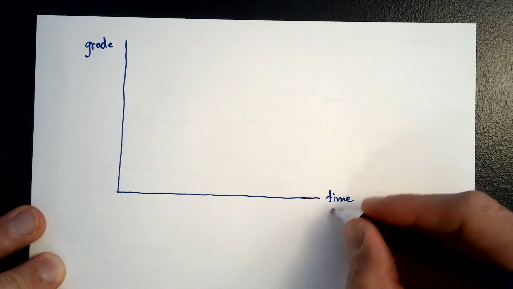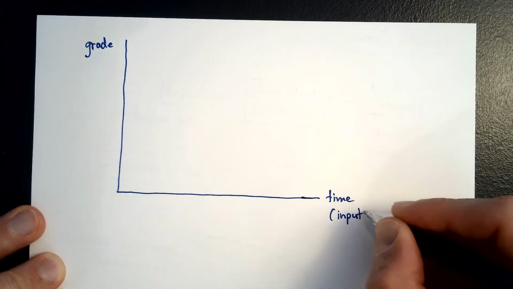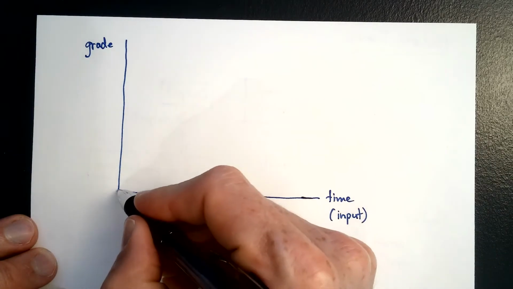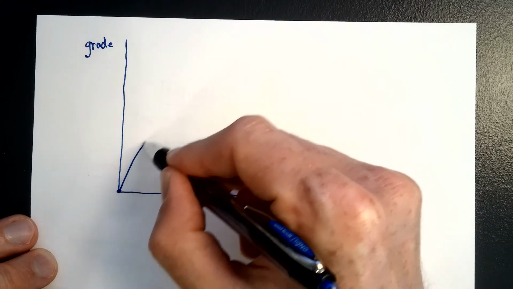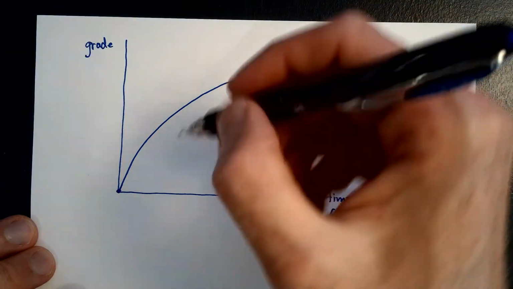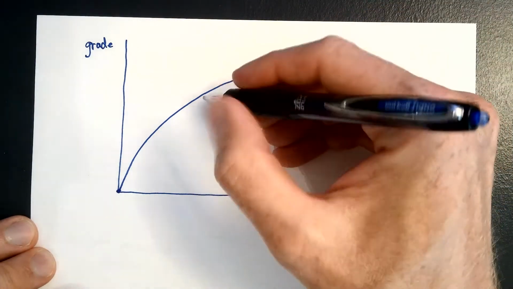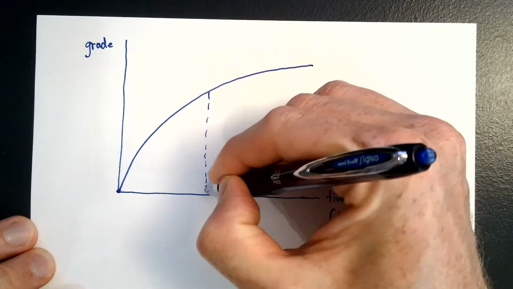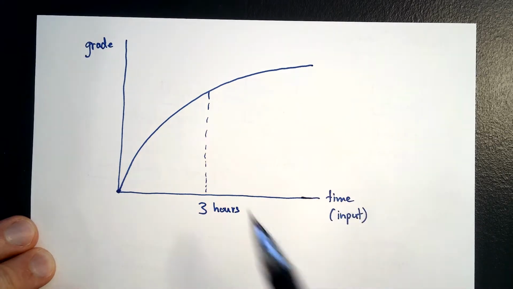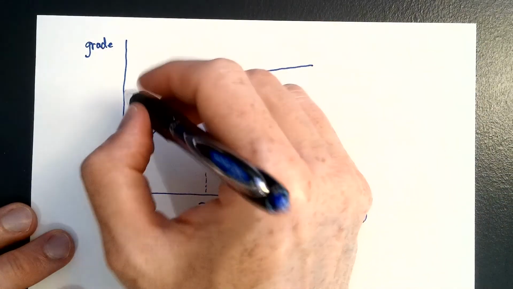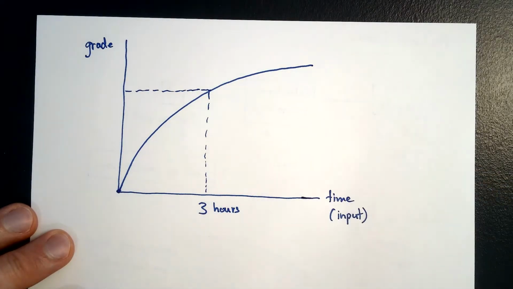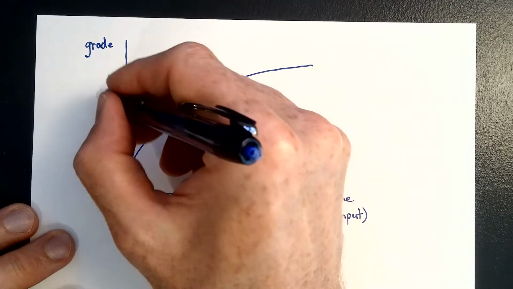Now, suppose that based on your ability you have a production function that looks like this, and that you are spending 3 hours on a class. Given your production function of converting time into grade, you should be able to get a B.